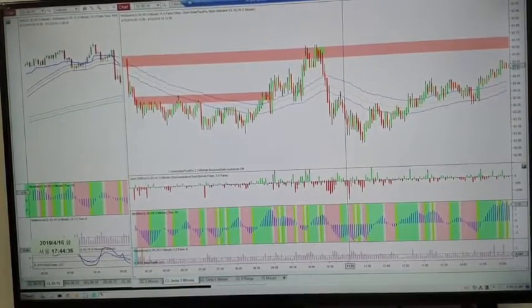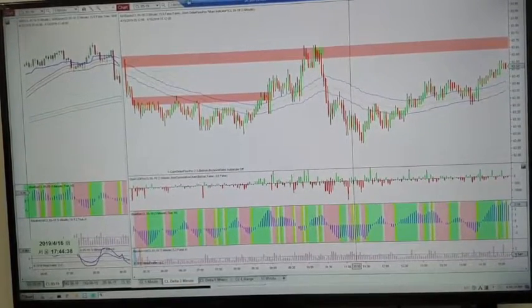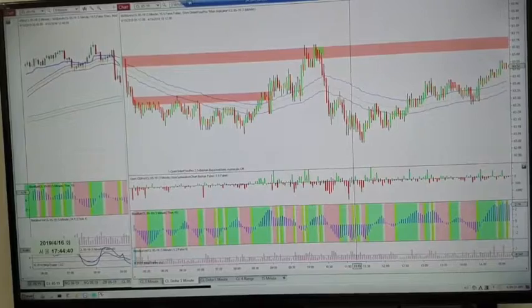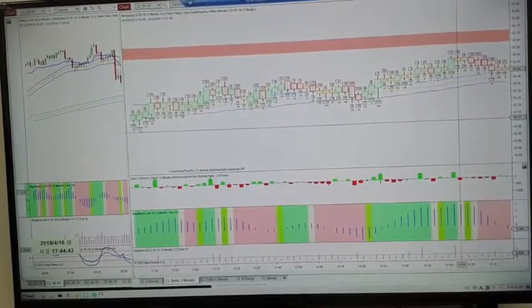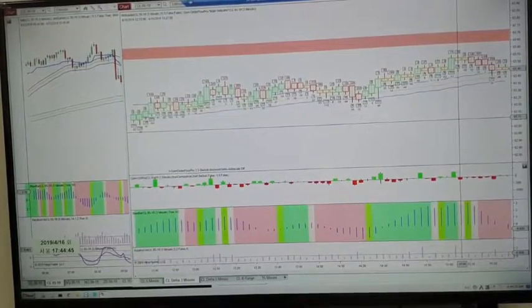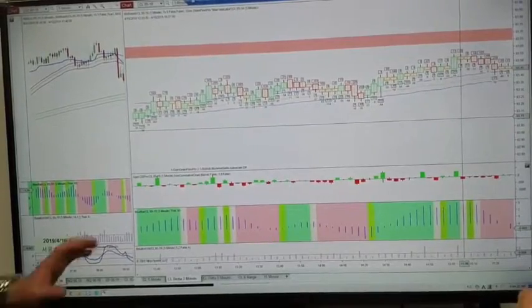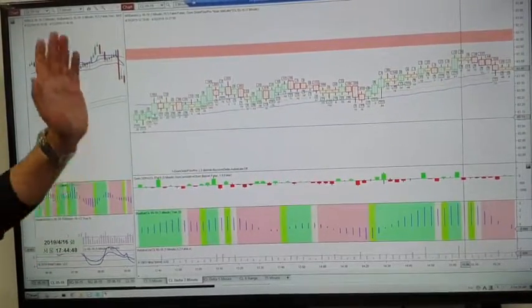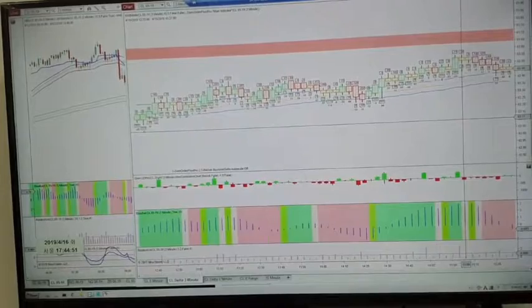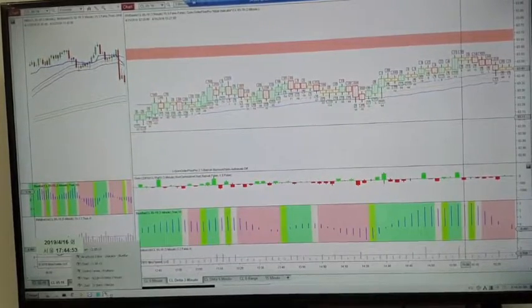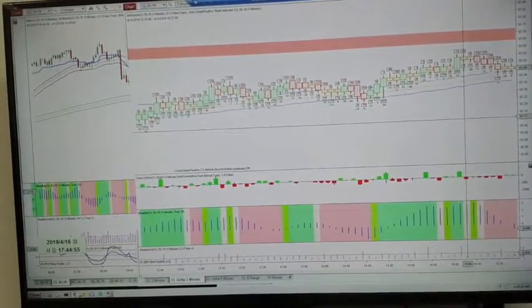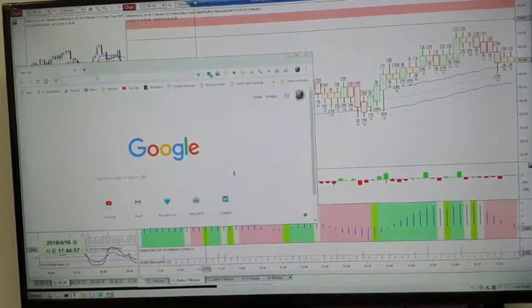Java, Python, C#. Those three are enough. So this one is kind of slow. I have another one with more signals plotted, actually buy and sell signals. Let me download it. I think it's in a Dropbox.